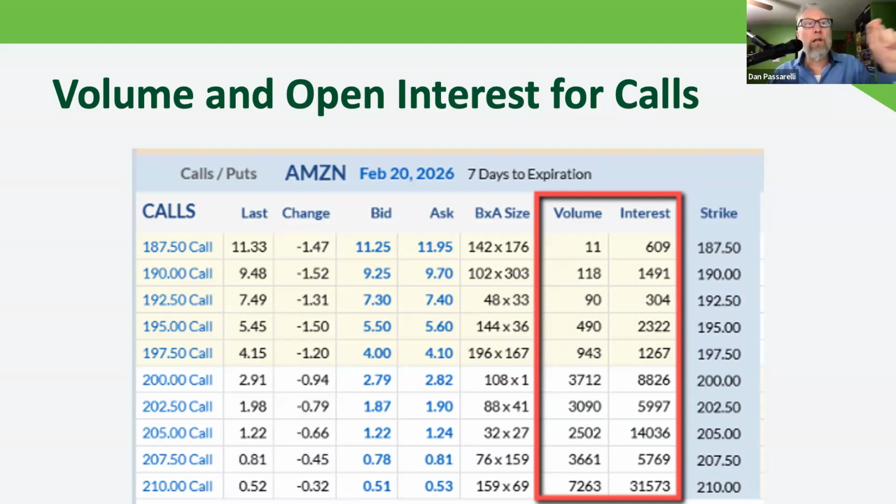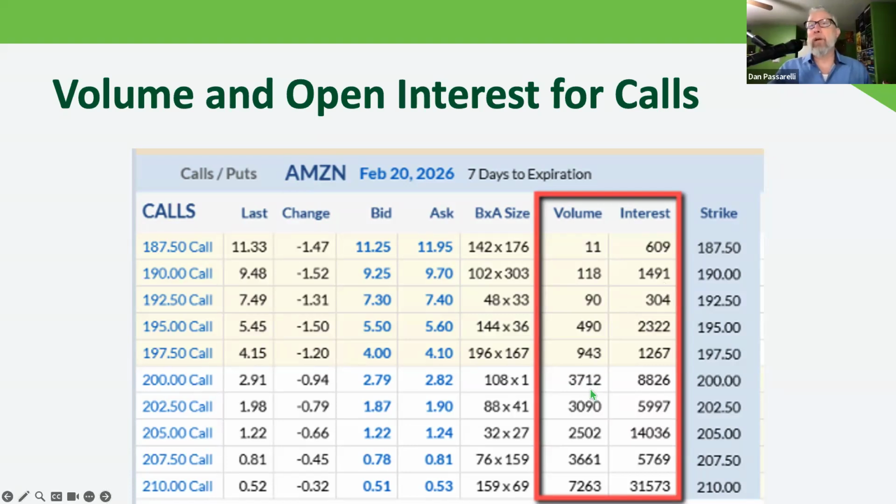So these 200 strike calls that John took the screenshot of later in the day, there were 3,712 of this very specific series, the Amazon February 20th 200 strike calls, that traded today. Not really today, I mean, today when the screenshot was taken.